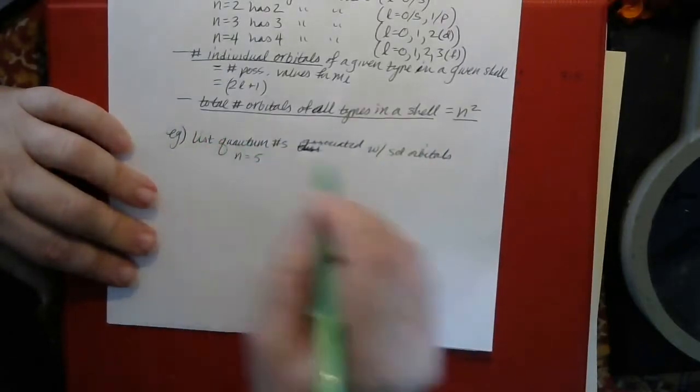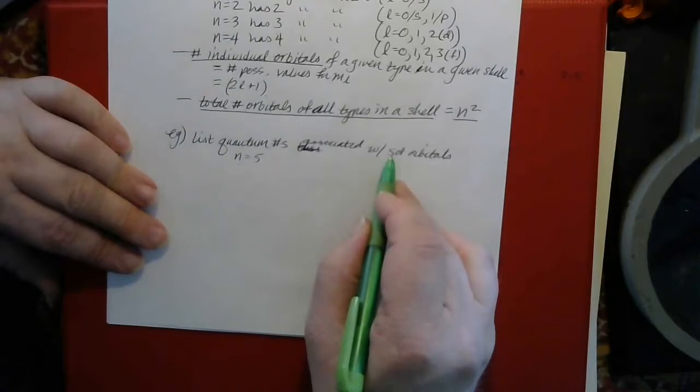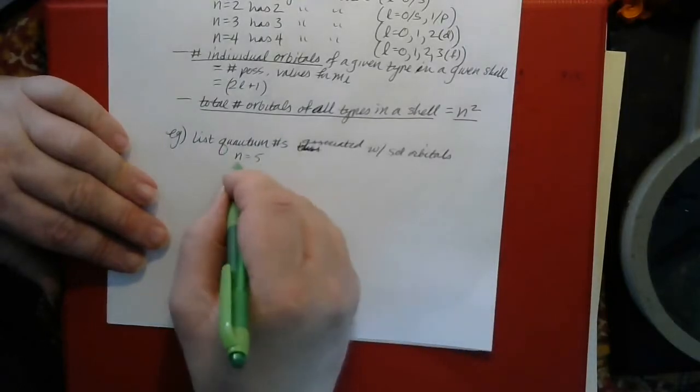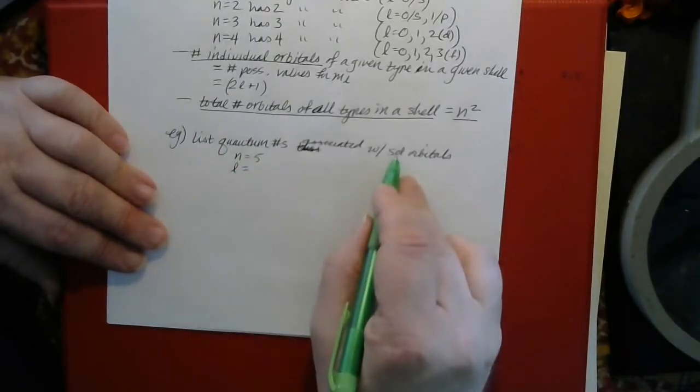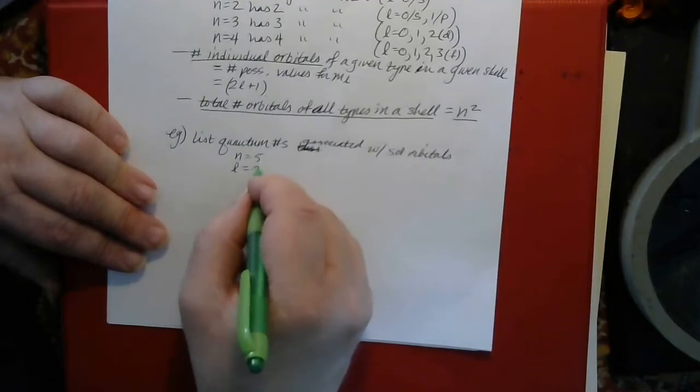Well, n would be 5, because that's what this 5 right here means. L would be 2, because that corresponds to a d orbital.